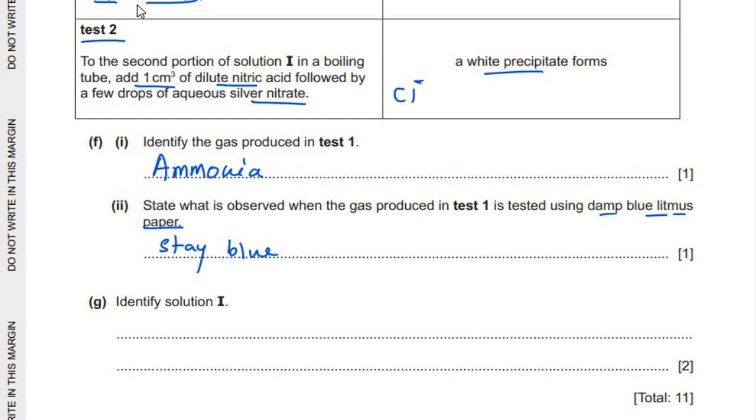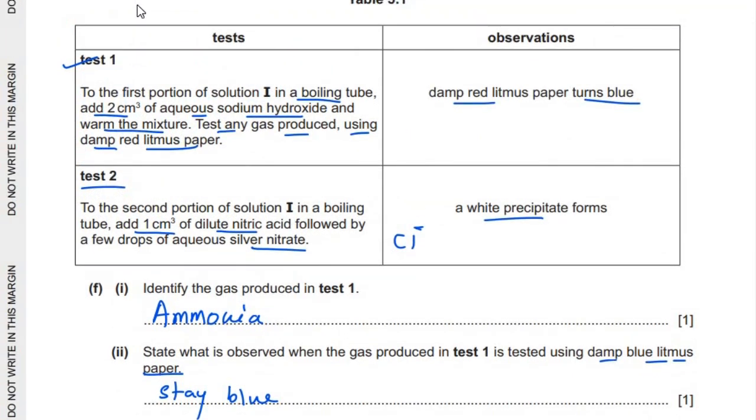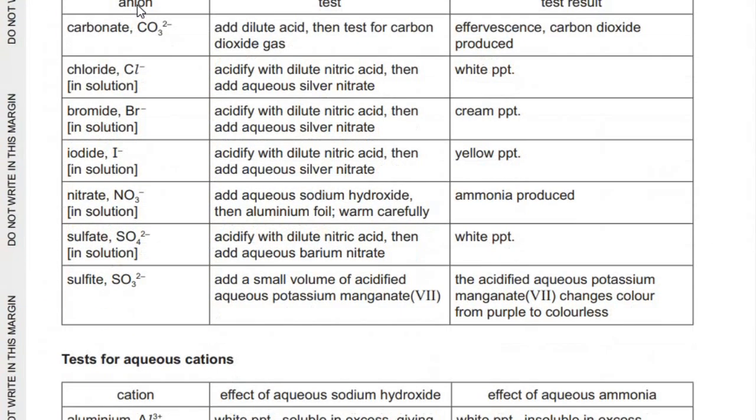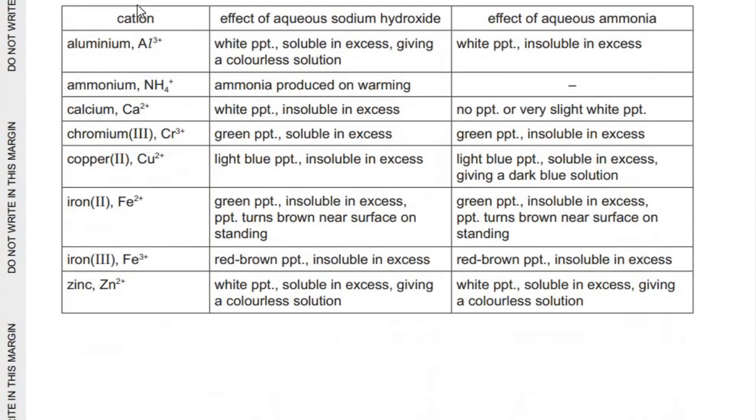Okay, so now if we have a look at this test, aqueous sodium hydroxide is added and then the gas is produced on heating or warming, right? So let's see what this test is for in the cation anion table. Here we can see that ammonia is produced on warming.